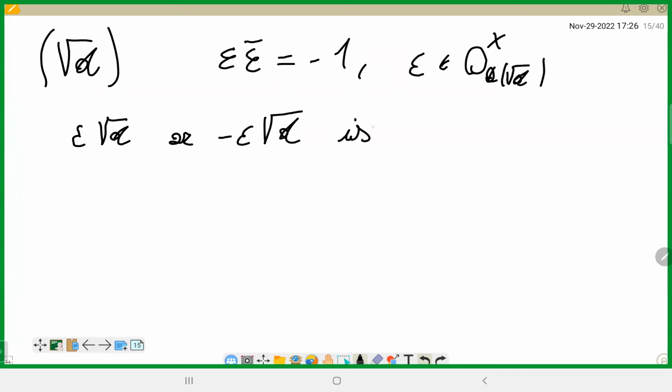Totally positive. And the reason is that root D as well is positive in one embedding and negative in the other embedding. So basically this unit epsilon balances this 1 and minus 1. These two signs are balanced by the unit epsilon. So you get either something totally negative and then you negate it, or something totally positive.